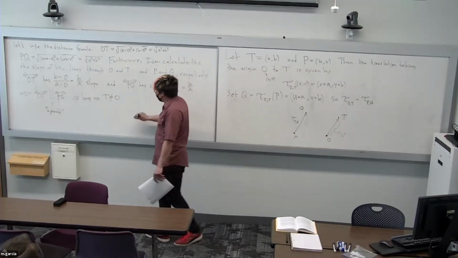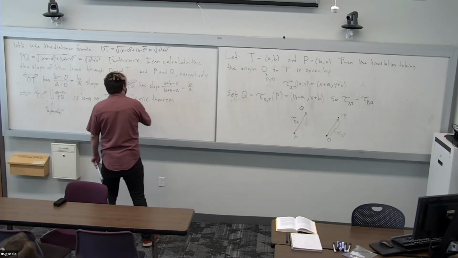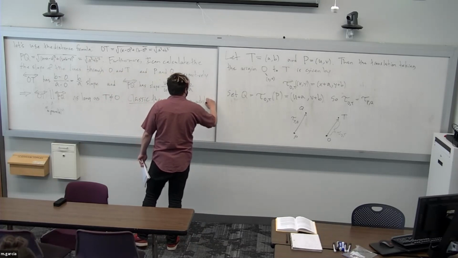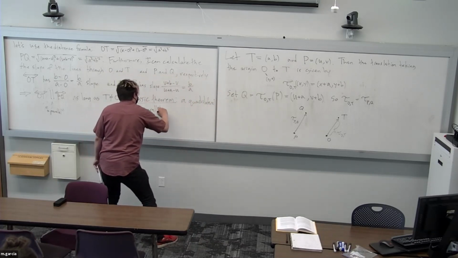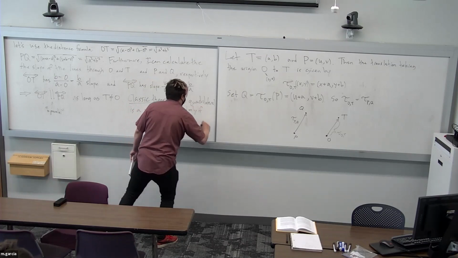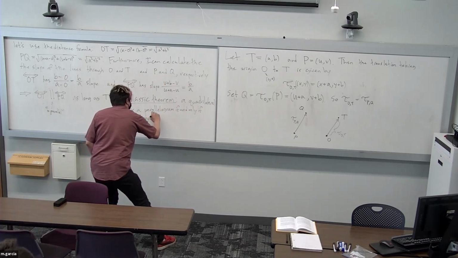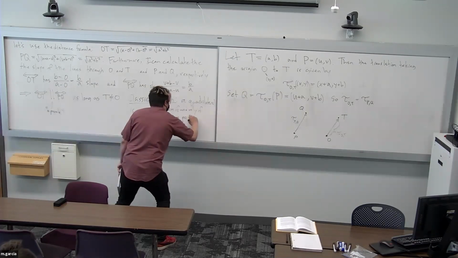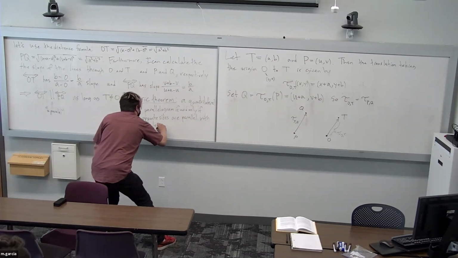So, classic theorem. A quadrilateral is a parallelogram if and only if two opposite sides are parallel with the same length.